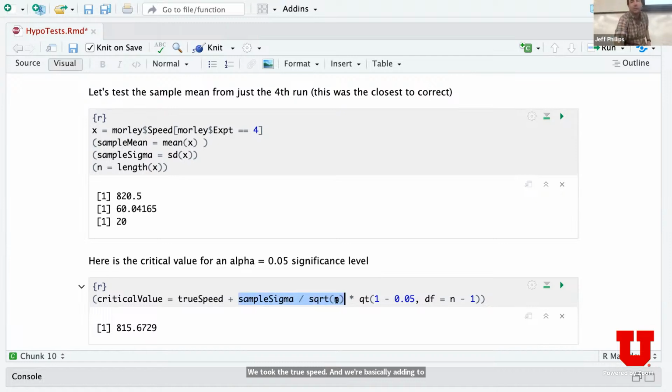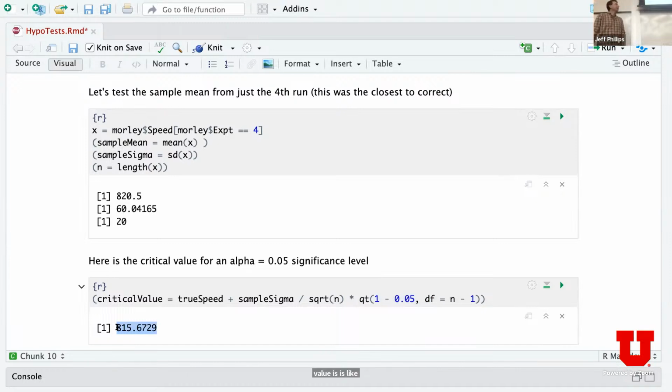So the sample standard deviation divided by square root n times the 95th quantile of the t distribution. We don't know the true standard deviation, so we need to use the t distribution instead of the normal distribution. That said, the critical value is about 815.